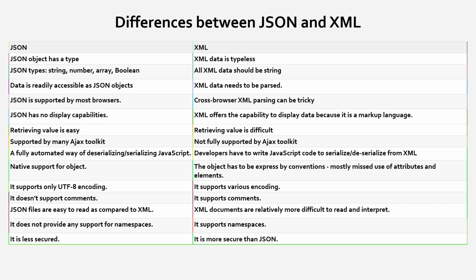XML documents are relatively more difficult to read and interpret. JSON does not provide any support for namespaces, whereas XML supports namespaces. Then one more important thing is that JSON is less secure compared to XML. XML is more secure than JSON. These are the differences between JSON and XML.